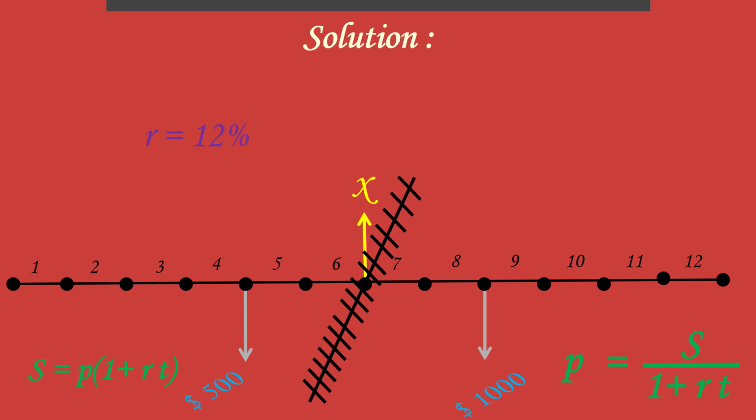Note that we use the formula S equals P times 1 plus RT to get the amount, and the formula P equals S over 1 plus RT to get the present value. All of this with a rate of 12%.